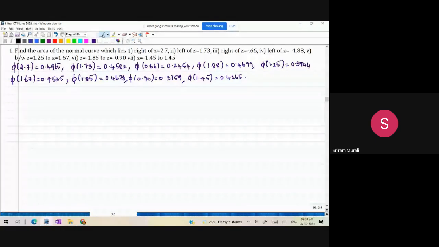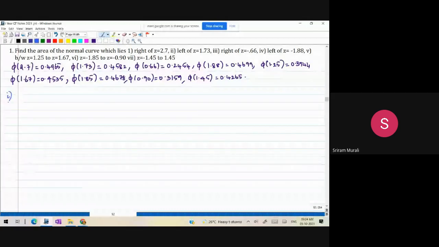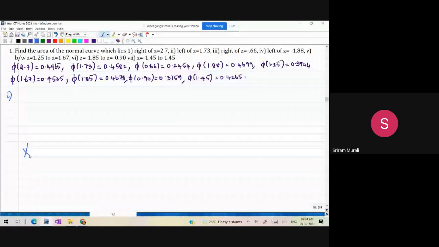First, what I want to calculate here is the area of the first problem. How to calculate the area? As I said, we want to convert X into Z, and Z will be converted into probability.